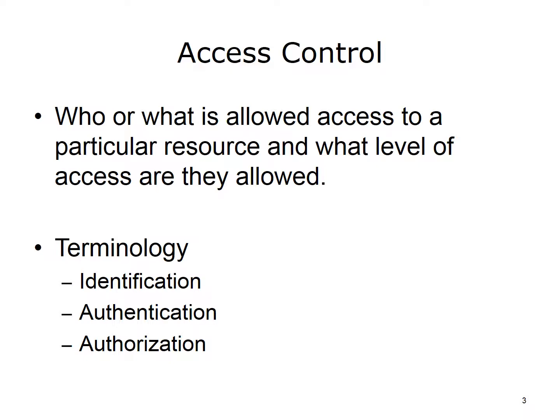Authentication is something you know, something you have, or something you are. A password would be an example of authentication. Authorization is the process of allowing the user to perform the actions that he has permission to do. For example, being able to read a file.